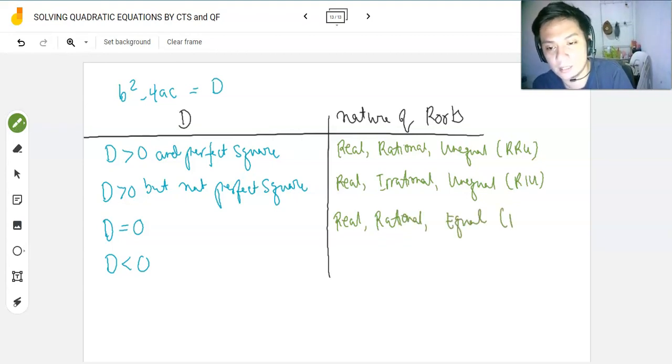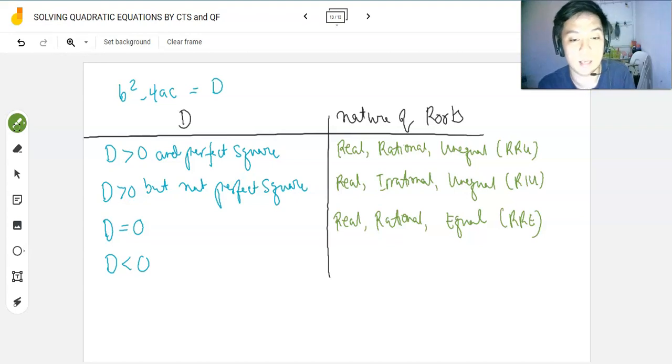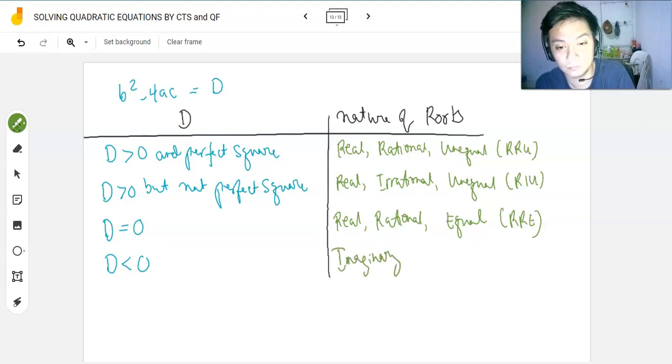So, RRE. And finally, D is less than 0. So, negative ang discriminant. So, what happens to the roots? Magiging silang imaginary and unequal. So, IU. Ayan.